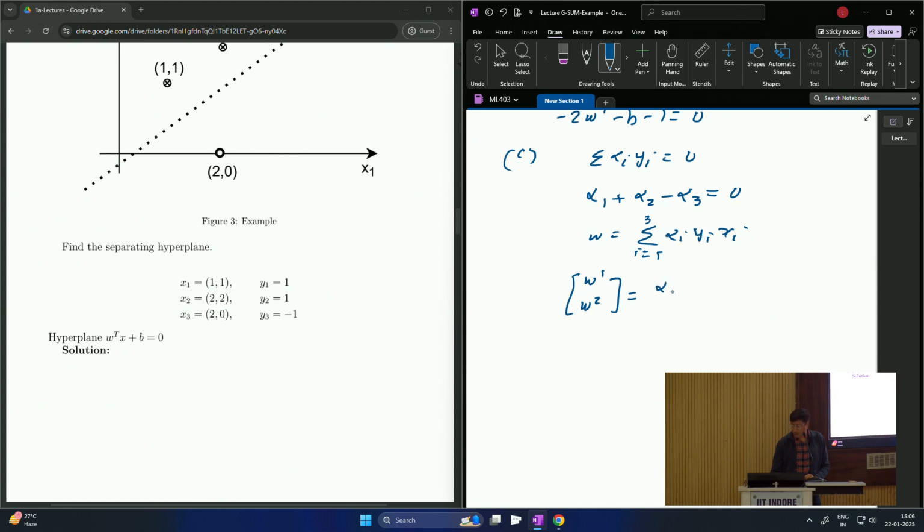So you'll write alpha 1, x1 plus alpha 2, 2, 2, plus alpha 3, 2, 0. So you'll get W1 is equal to alpha 1 plus 2 alpha 2, minus, sorry, because y is minus, minus 2 alpha 3.